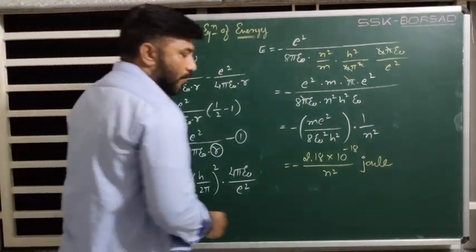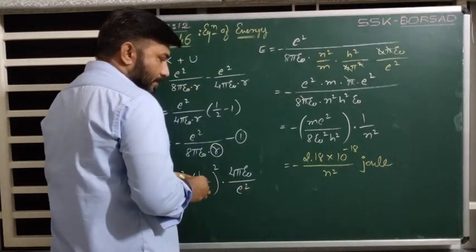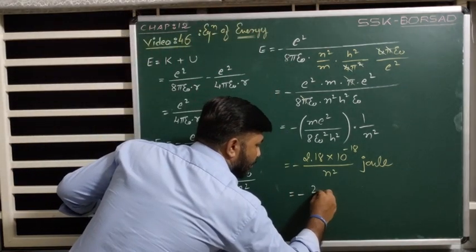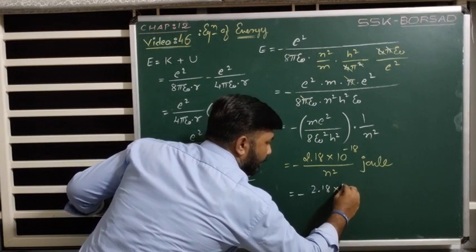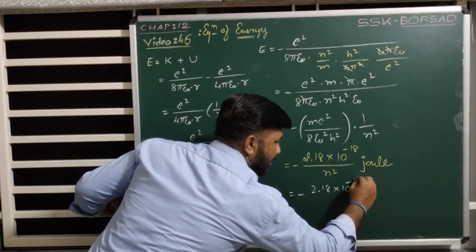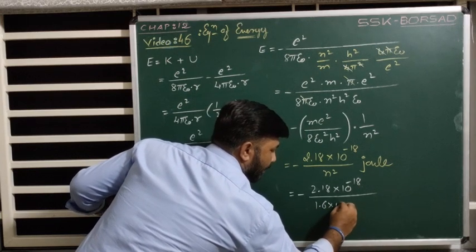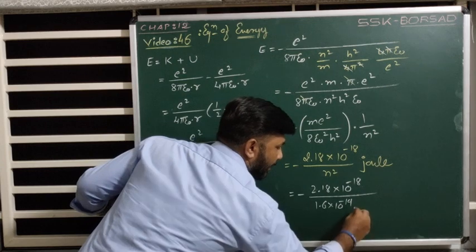If you want to convert joule into electron volt, divide by 1.6 multiplied by 10 raised to minus 19.